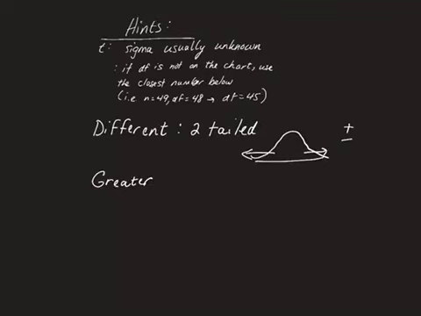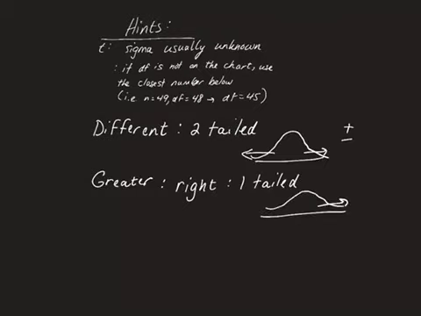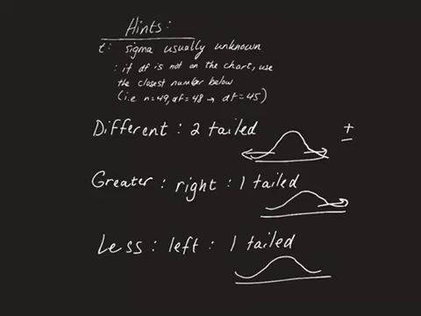If the problem says greater, that implies you're going to the right, which means you have a one-tailed value, and your picture would show go this way. If the wording of the problem says less than, this implies go to the left, also going only in one direction. So it's a one-tailed test. Your picture would look like this. Go to the left. You must put in the negative sign. It doesn't show up on the T-table on its own.